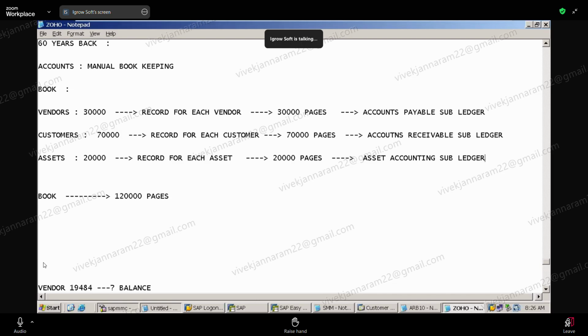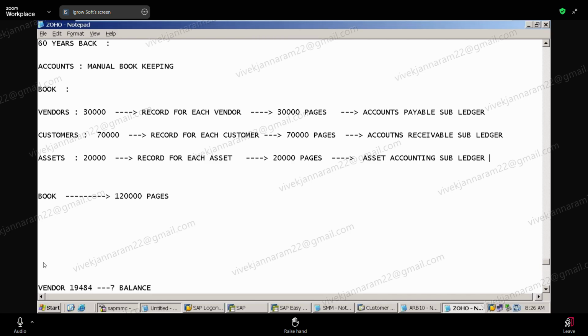So instead of maintaining everything in one big book, they decided that we better have separate small books. So now my life is easy or not? Easy. So if someone is asking about customers, which book I will open? Receivables. If someone is asking about paying vendors, accounts payable. Someone is asking about assets, the asset accounting book.